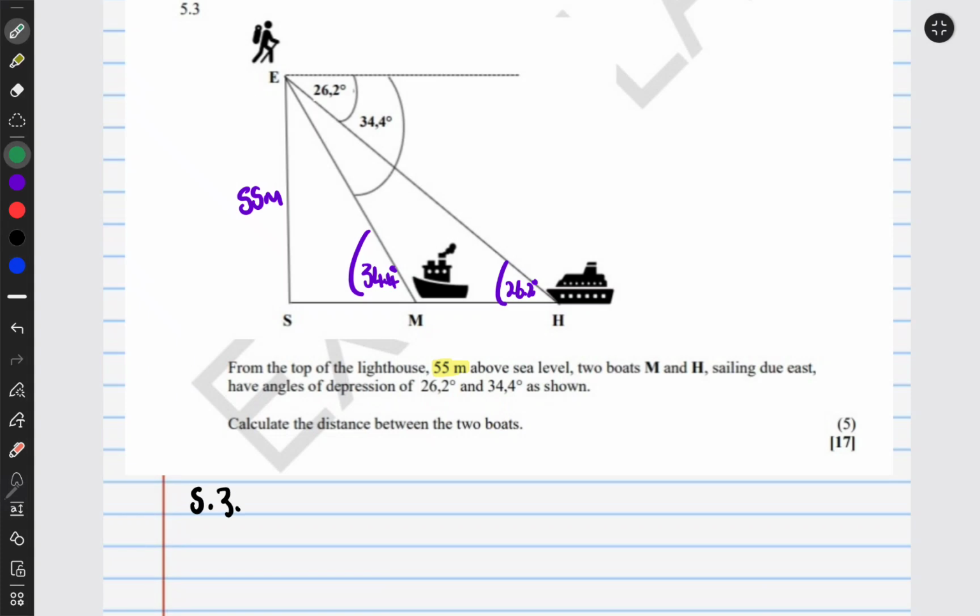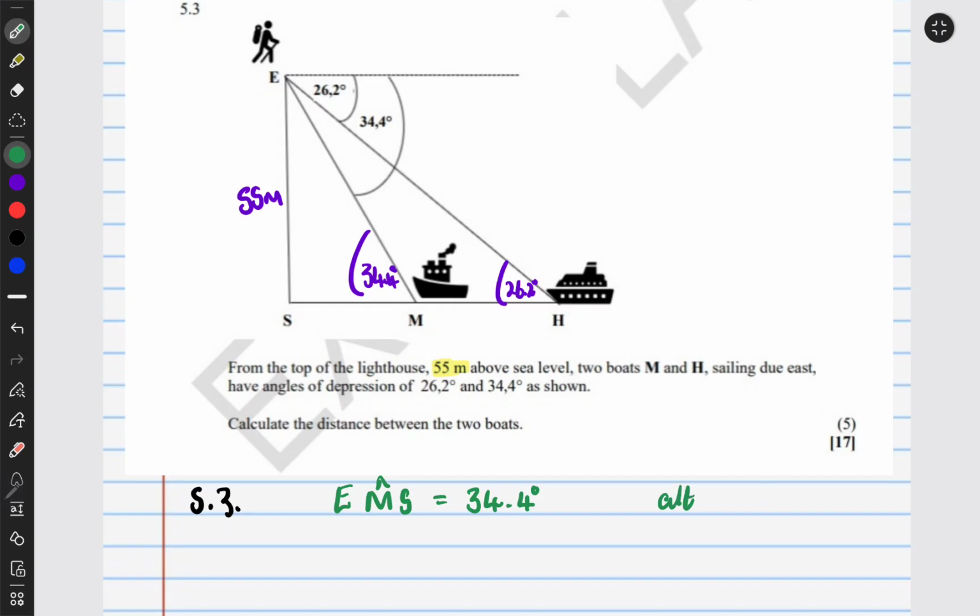For 5.3, angle M in triangle EMS, angle EMS, is equal to 34.4 degrees. The reason being, these are alternating angles.